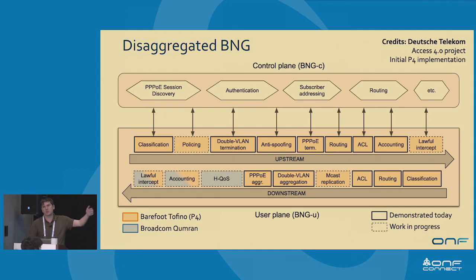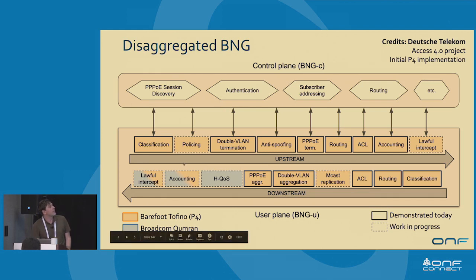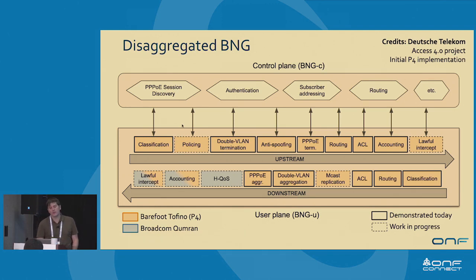So the upstream direction from the subscriber to the internet, and the downstream direction from the internet to the subscriber. We have different blocks that correspond to, you can see that as the packet processing functions that the packets need to go through. There are many different functions like classification, policing, double VLAN termination, PPPoE termination, lawful intercept, etc.